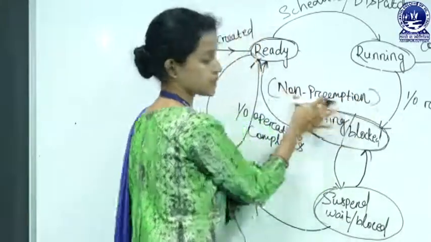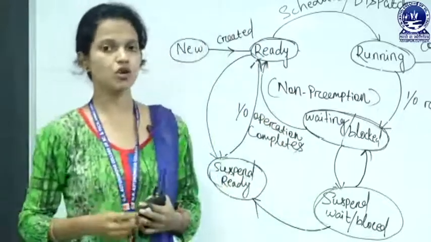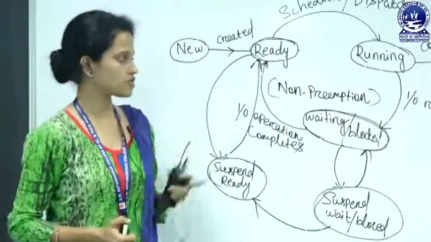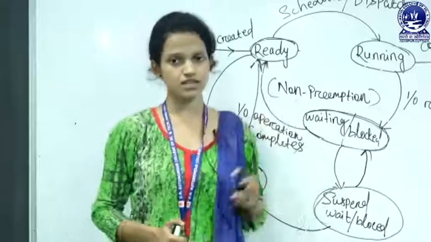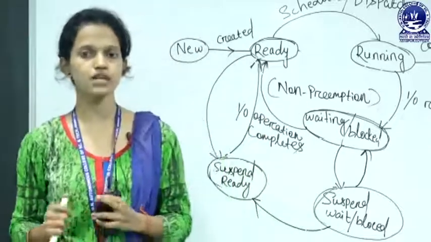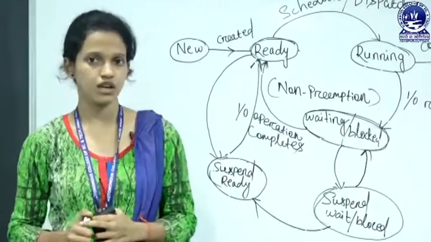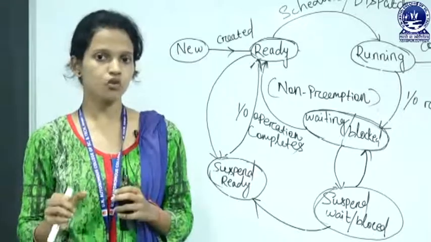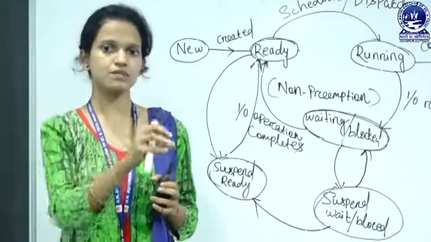This is non-preemption. So, what do you mean by non-preemption? In the previous lecture I have already told you that in a multi-programming operating system, we cannot remove the process from the CPU forcefully.